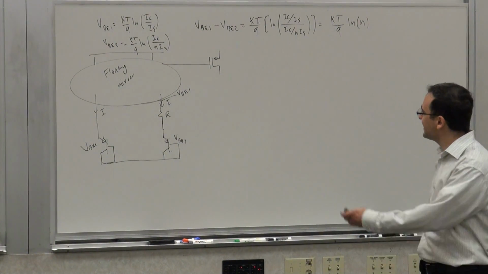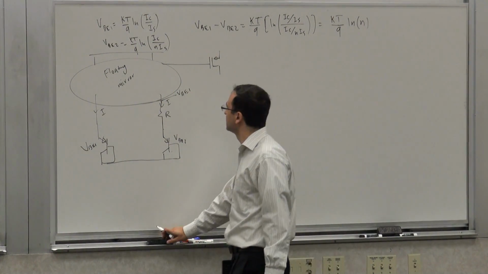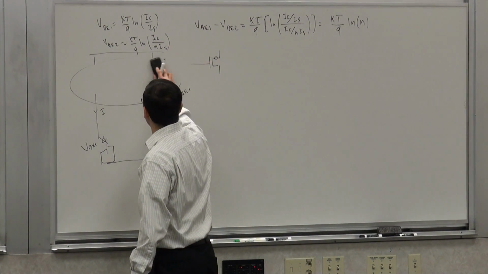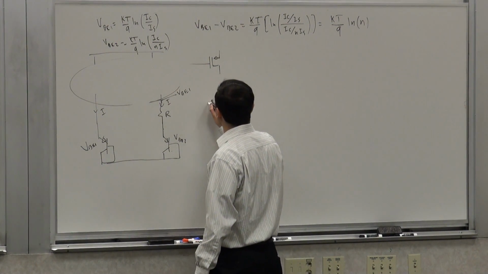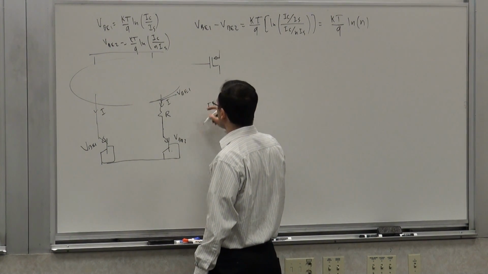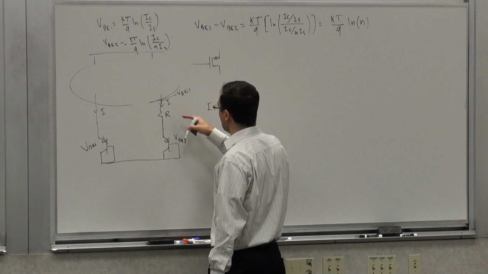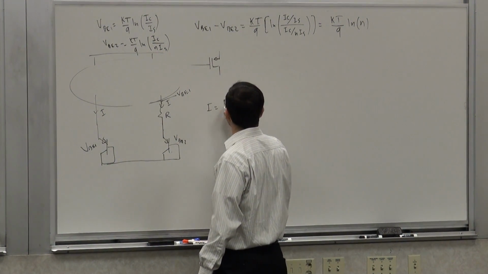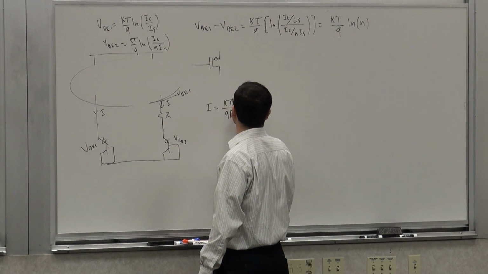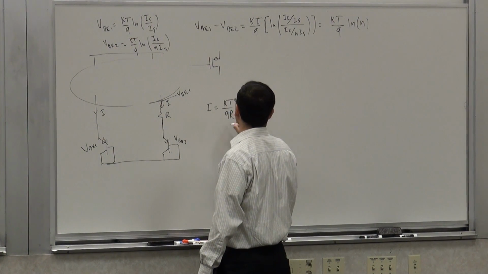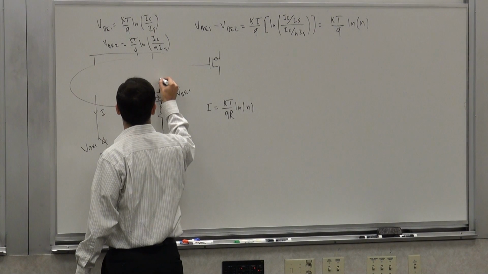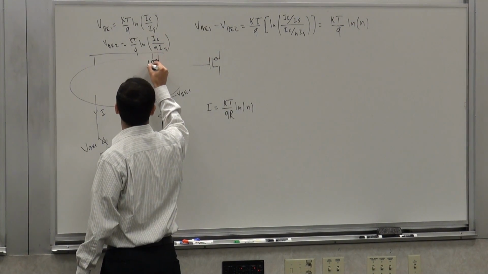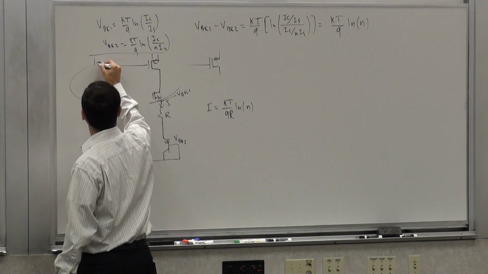So this gives you a KT over Q. What is the current then? I is going to be the difference of the VBEs divided by R. So it's going to be KT over Q R, natural log of N. So if I were to not abstract it out, show you the details, this is one way of doing it.